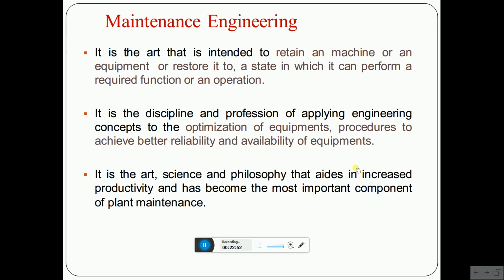So, just to recap, maintenance is all about restoring a machine or equipment to a state in which it can perform its required function. So it's dealing with the function, maintaining that function, retaining the function of a machine or equipment or whatever. Mostly for us it's a system.